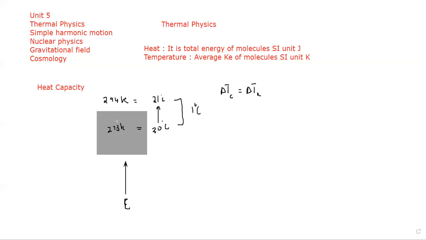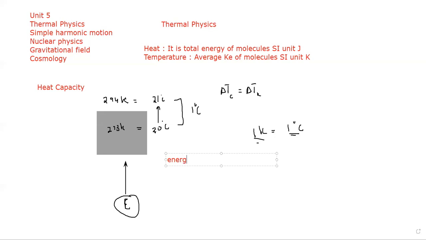So a change of 1 Kelvin equals a change of 1 degree centigrade or 1 degree Celsius. So the energy we supply to change the temperature by 1 degree centigrade is known as heat capacity.